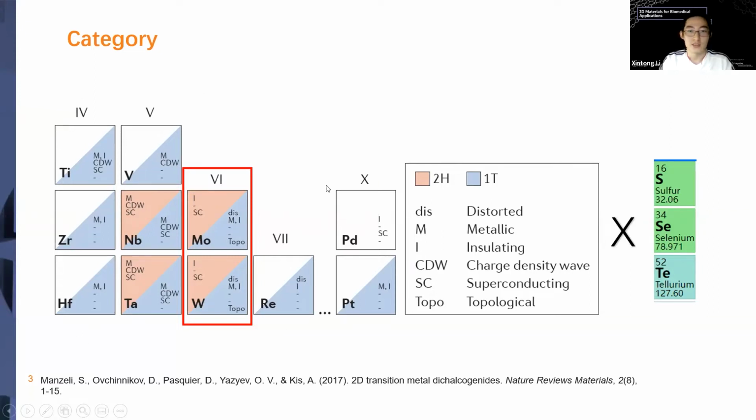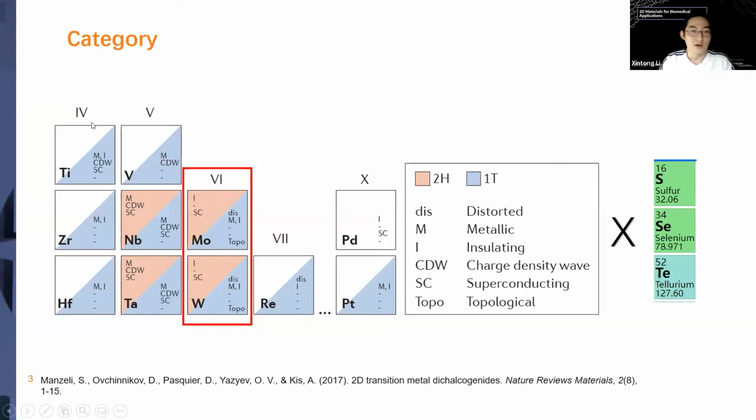In this chart, it also summarizes some of the properties, like the thermally stable phases in common conditions, whether it's 2H or 1T, and also marks properties like whether it's metallic, insulating or semiconductive. It also marks some very interesting physics phenomena like superconductivity and topological phases.